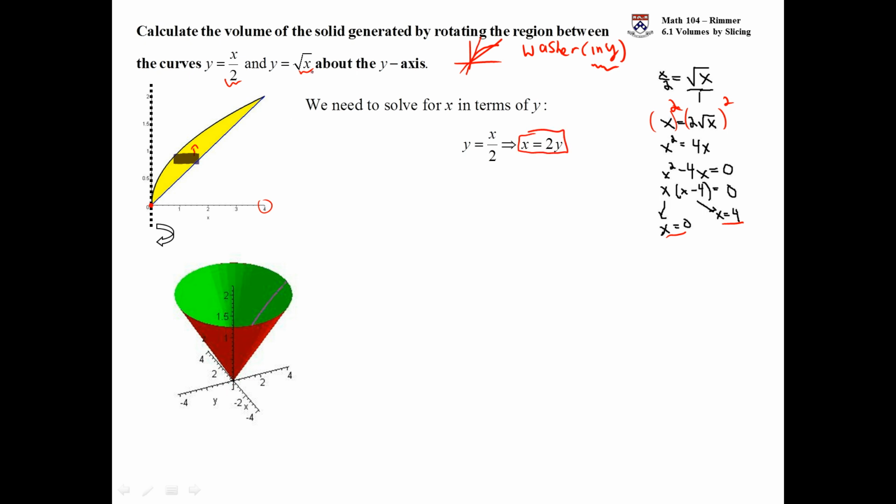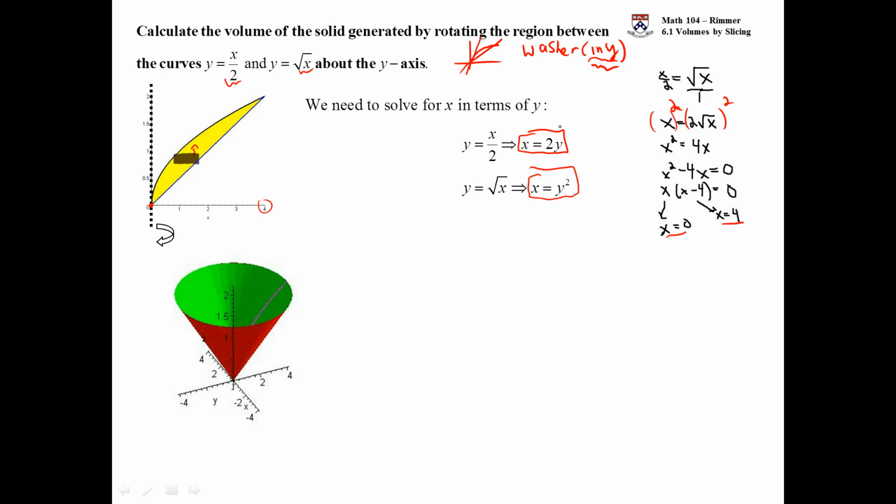And the second one, y equals root x, we square to get that x is y squared. That's the form that we need these in. They were given to us in y equals form, but since we're doing it in y, we had to switch them to be x equals form.